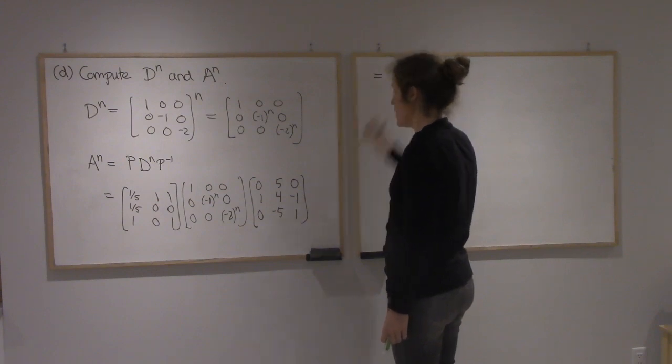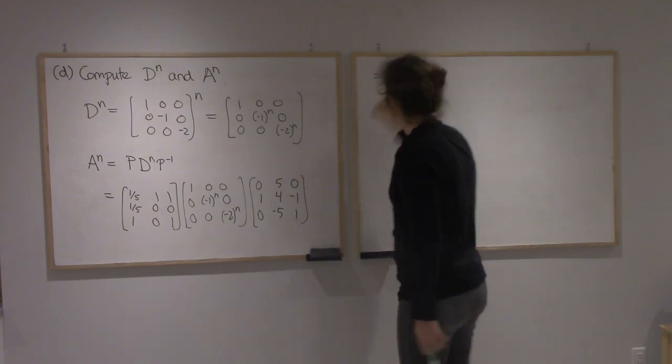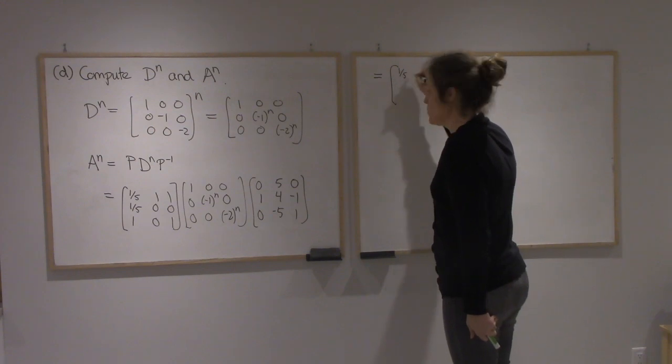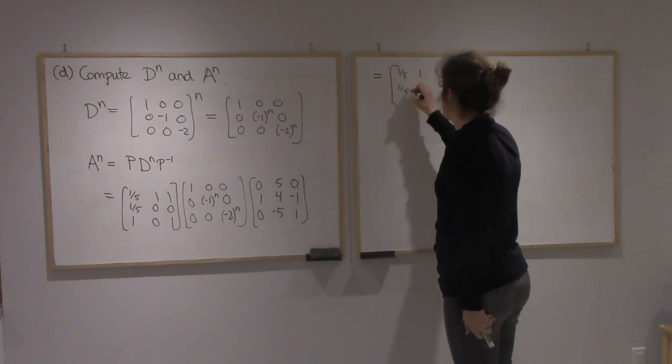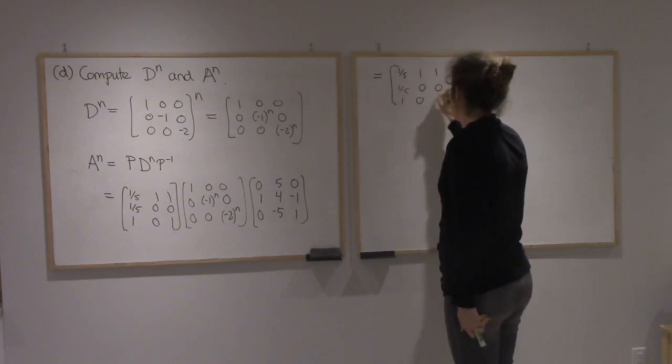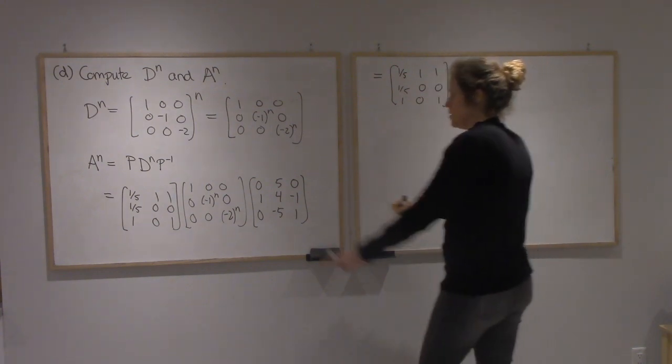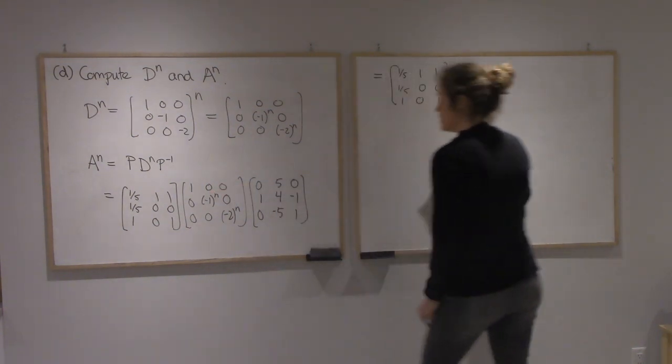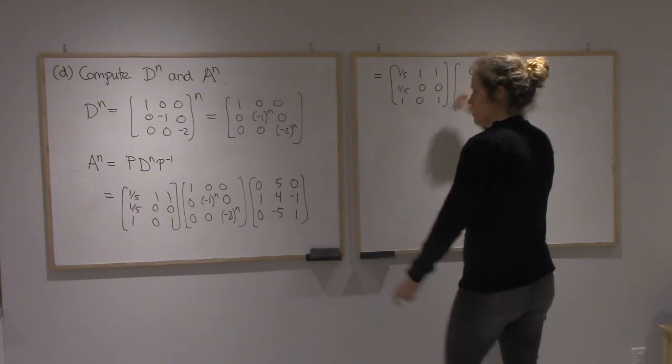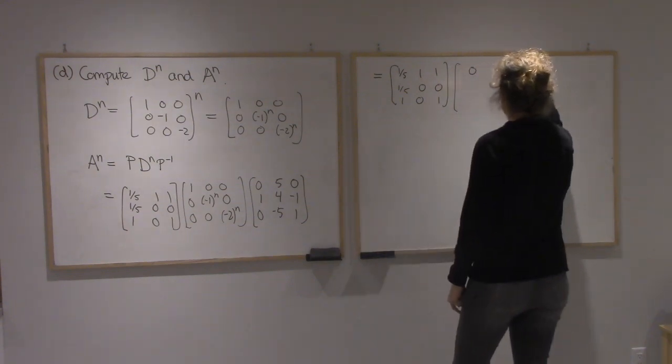Alright, so we can multiply this. Let me use the same order I did on the last problem. So I'll get 0, 5, 0.